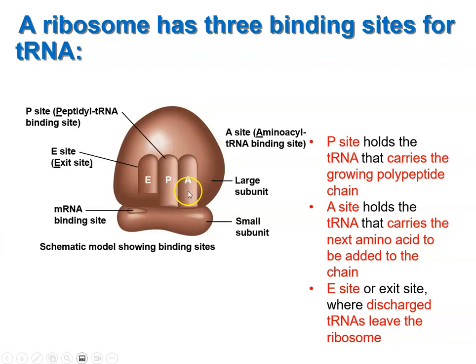It's the arrival site. And E is the exit site. This is where the tRNA that already gave up its amino acid to the growing polypeptide gets kicked off of the ribosome once it reaches the E site.